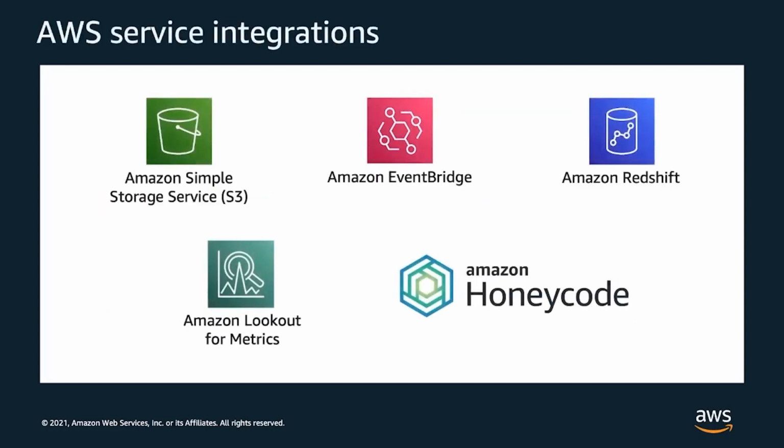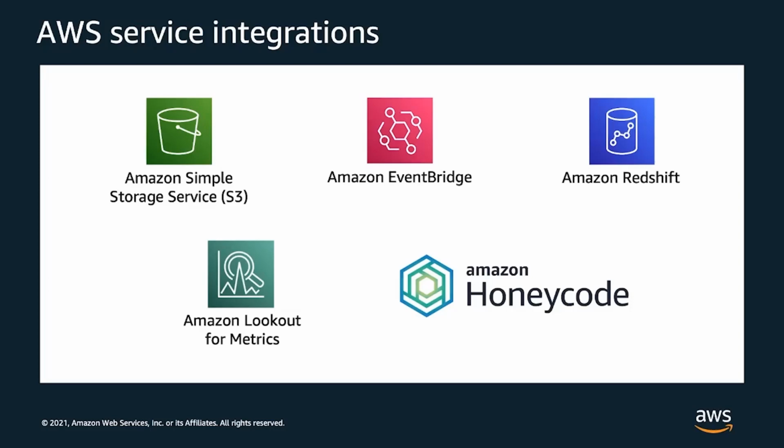For the AWS service integrations, we have Amazon Simple Storage Service, also known as S3, Amazon EventBridge, Amazon Redshift, Amazon Lookout for Metrics, and Amazon Honeycode. Now, you're not limited to these 5. These are the 5 that are directly integrated.